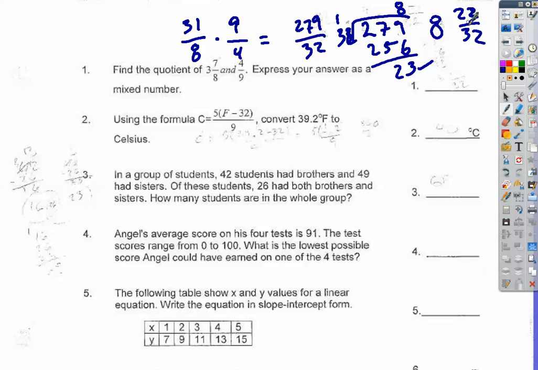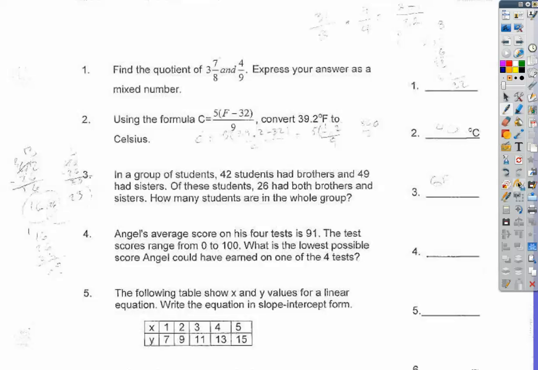For my next question, we have the Celsius and Fahrenheit problem again. So we're going to convert 39.2 degrees Fahrenheit to Celsius. This one's fairly easy because we just plug it into the F side. We don't have to do anything fancy with it. So we have Celsius is equal to 5 times 39.2 minus 32, and that is all over 9.